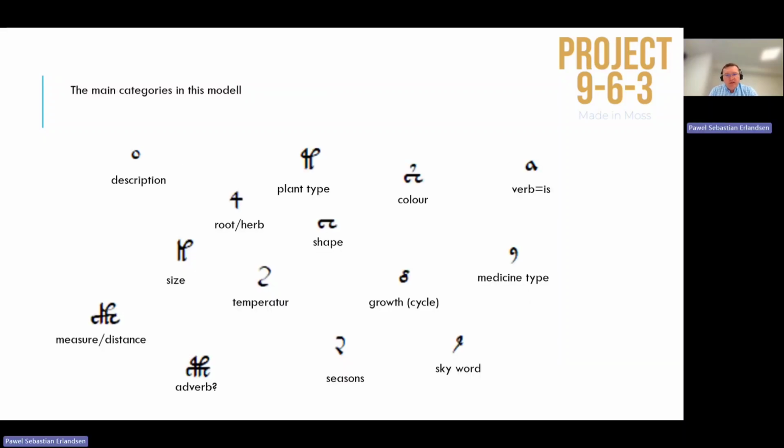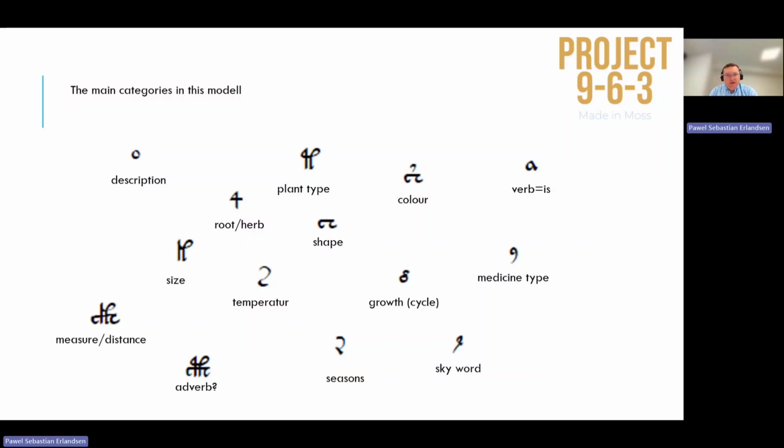In this translation model, I have chosen a specific pattern of translations. It begins with the first glyphs. This is shown here as the most common, frequent glyphs I have found. I call the first glyphs a category glyph.